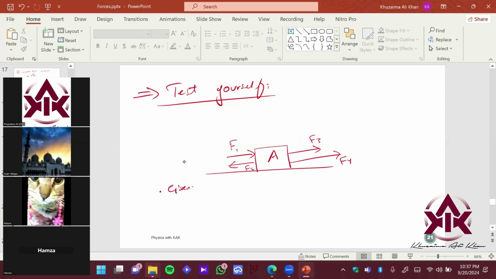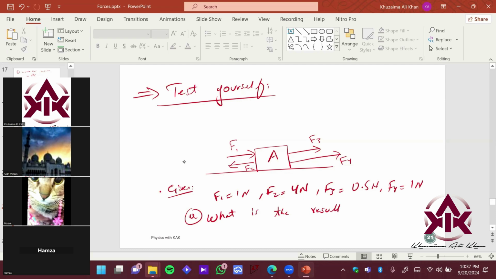Given F1 equals 1 newton, F2 equals 4 newtons, F3 equals 0.5 newtons, and F4 equals 1 newton. What is the resultant force acting on the block? It's of 2 marks. Okay, quickly speed up.